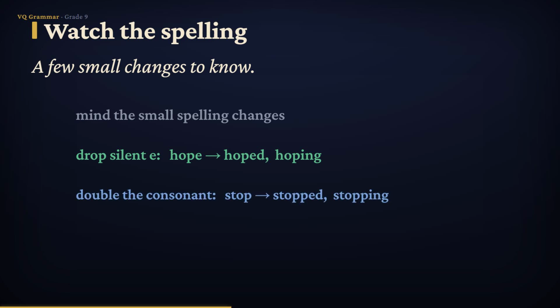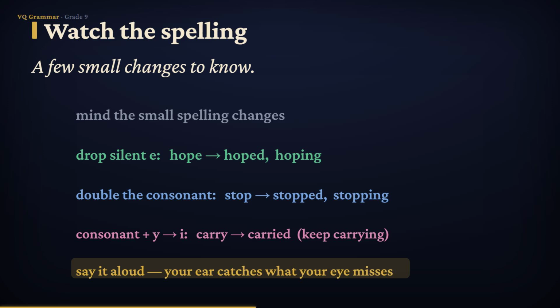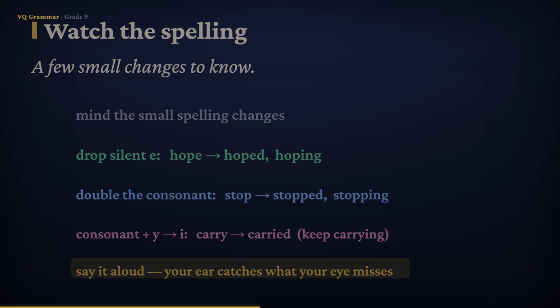Stop becomes stopping and stopped, so the vowel stays short. And third, when the base ends in a consonant plus y, that y changes to i before ed. Carry becomes carried, though it keeps the y before ing, as in carrying. A good habit is to say the word out loud. Your ear will often catch the change your eye might miss.